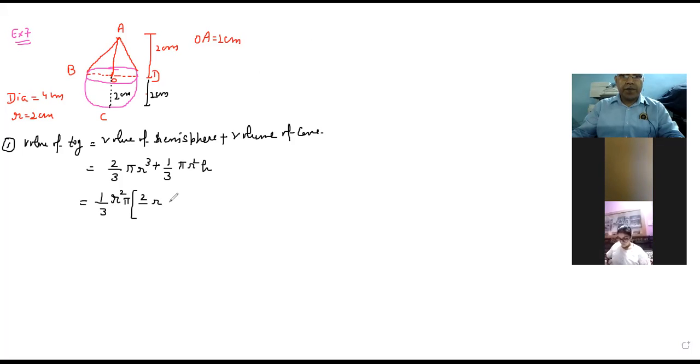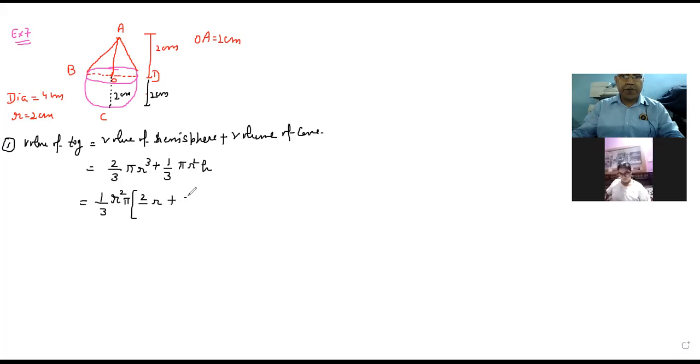Plus h, which is 1 by 3. Radius is given 2, pi is 22 over 7. Radius is given 2, and height of the cone is again given 2.